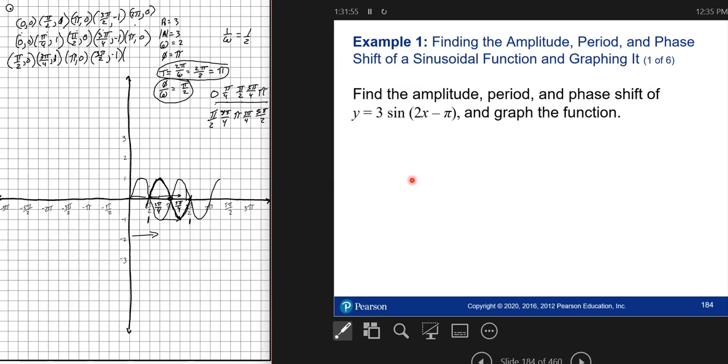This was 5 pi over 4. And this one was 3 pi over 2.